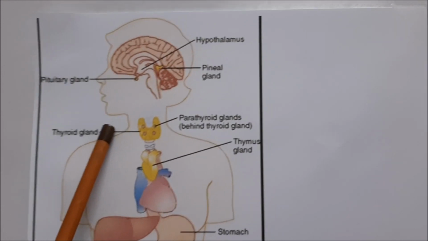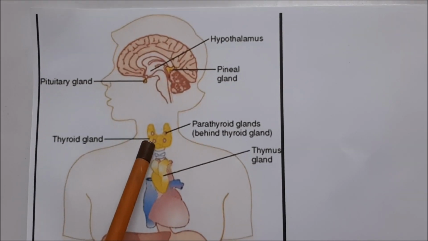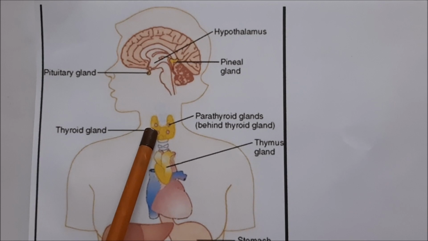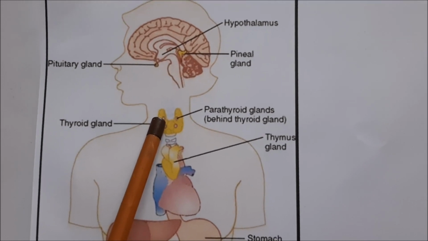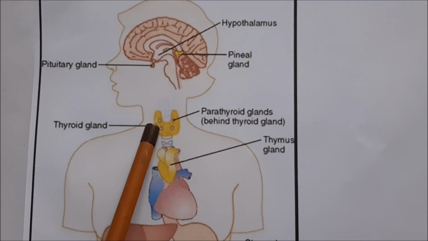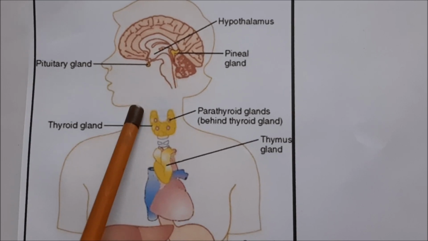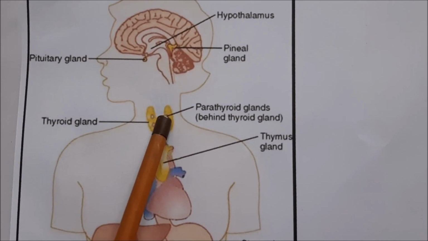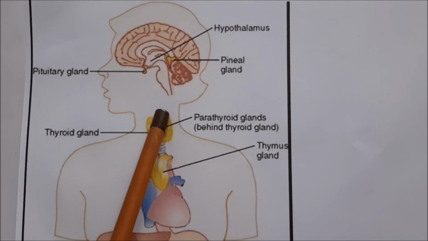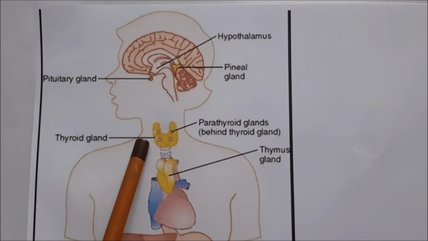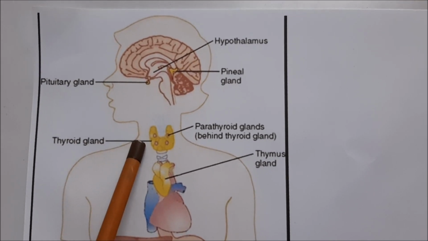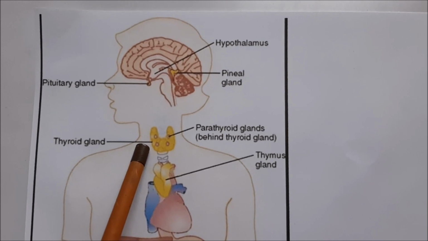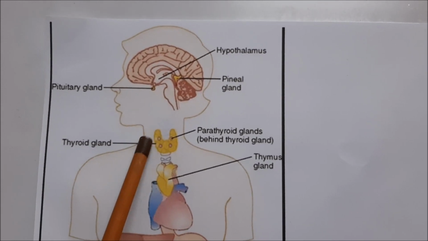Now come to the thyroid gland. The thyroid gland has two hormones, one is thyroxine or T4, another is T3 or triiodothyronine. Chemically, these two are amines. In addition, the thyroid gland also secretes calcitonin from the parafollicular C cells.